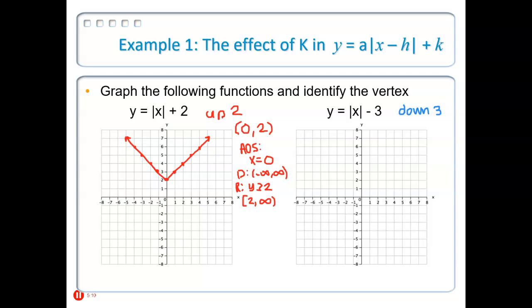That makes my vertex (0, -3) now. Once again, the a value is 1, so it's going to go up 1, right 1, and anything it goes up and to the right, it goes up and to the left.